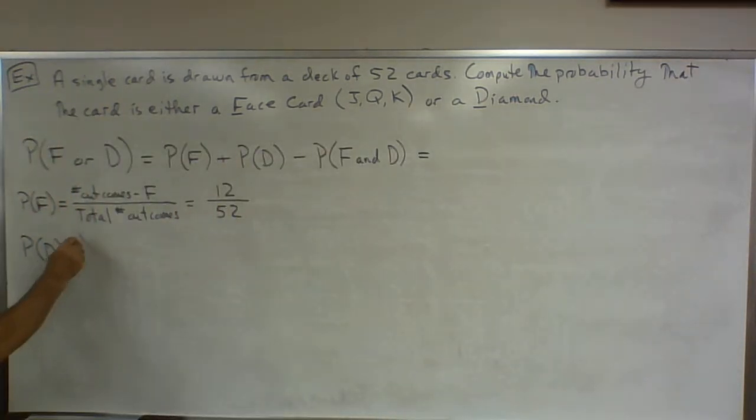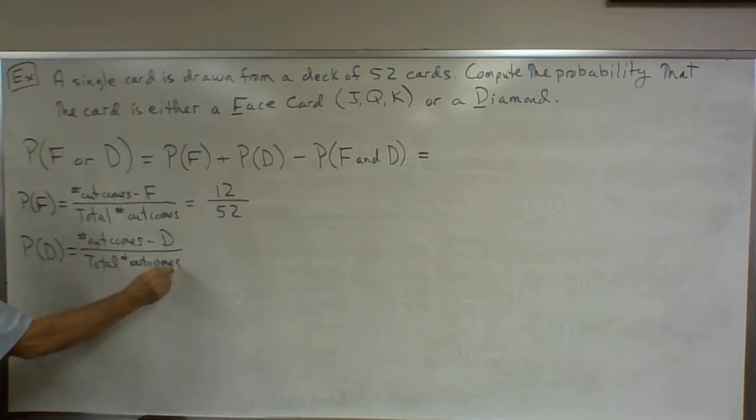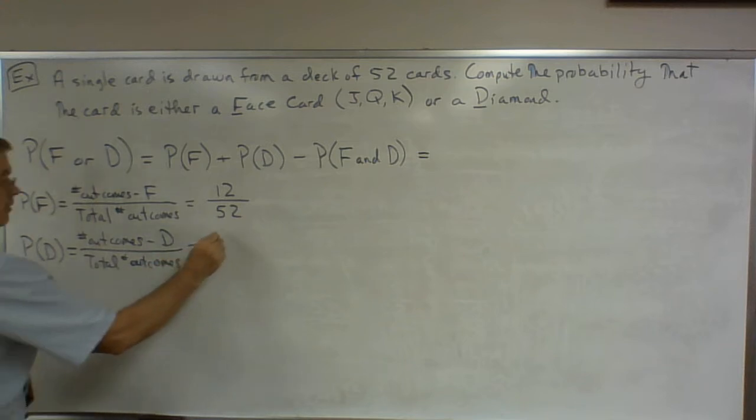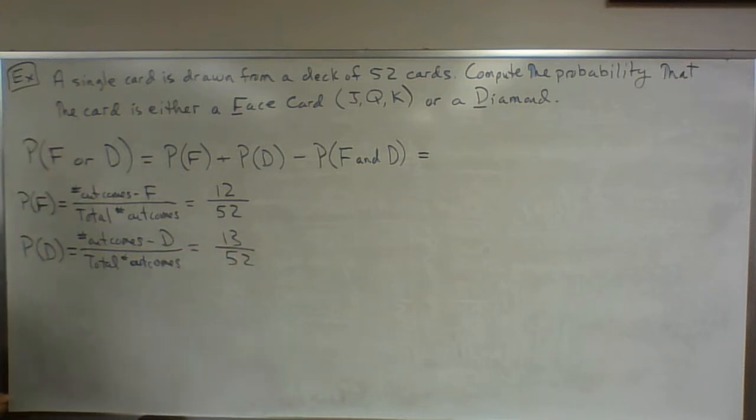So the total number of outcomes resulting in a diamond over the total number of outcomes, period. That's going to be 13 out of 52.